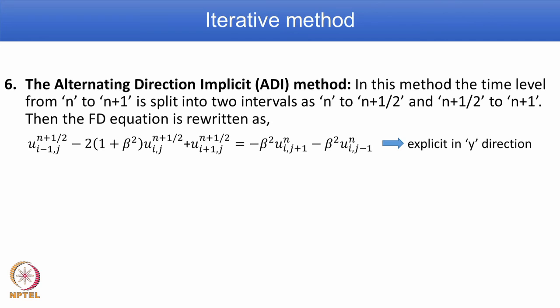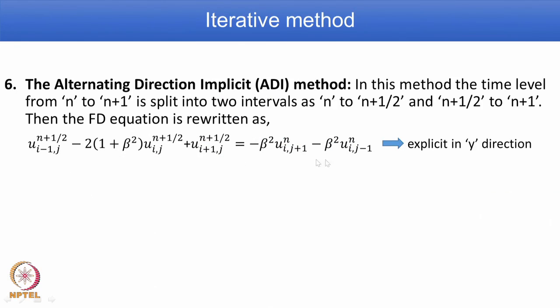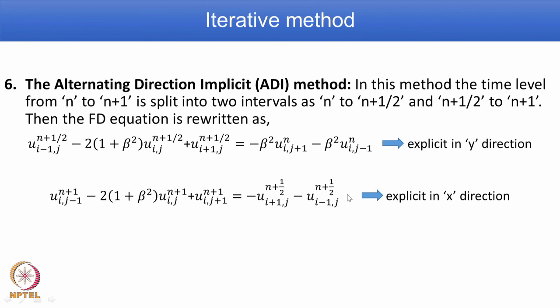Now, every time one set is given implicit, another set is given explicit. The first step, for example, is implicit in x direction and explicit in y direction. Accordingly, you can rewrite the discretized equation. So, we get the final discretized equation as shown here.